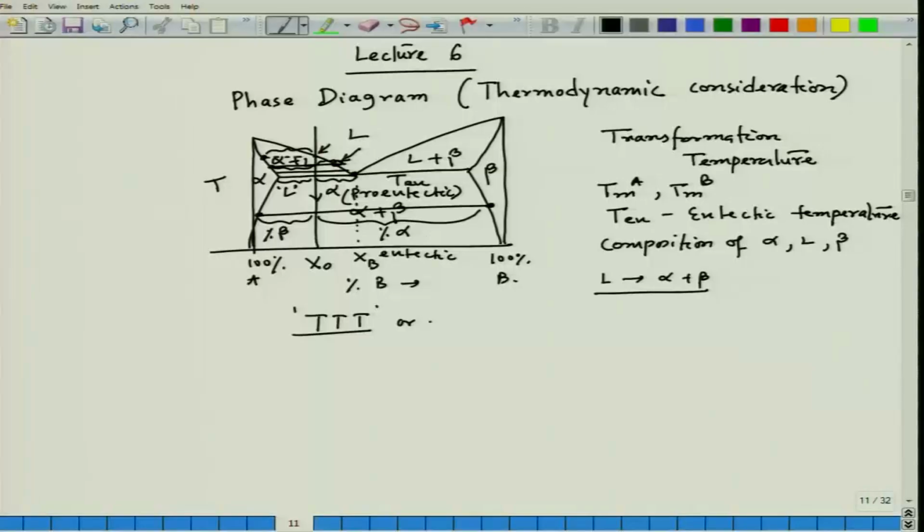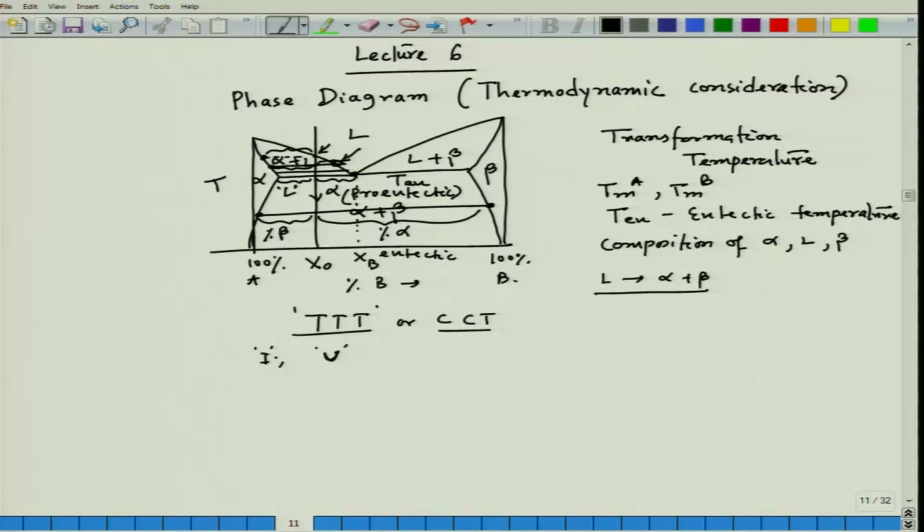So, that will be decided by TTT or CCT, but in both the cases I need to know I as well as U or V, which are my nucleation rate as well as growth rate respectively.